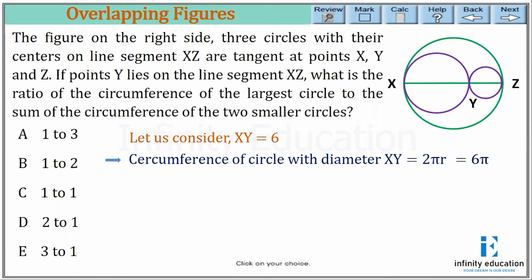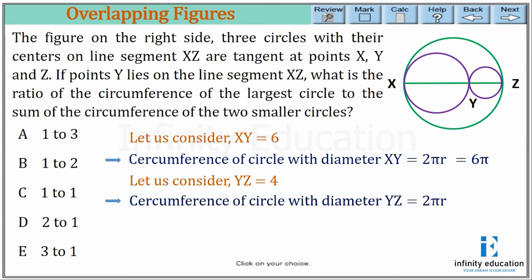As I randomly took XY as 6, I have taken YZ as 4. With YZ as 4 being the diameter, the circumference of the circle with diameter YZ is 4 pi.